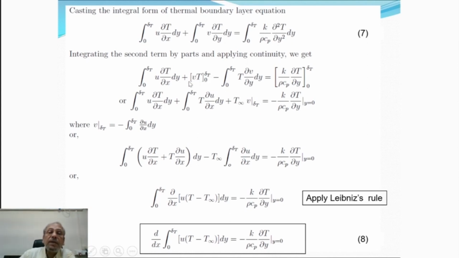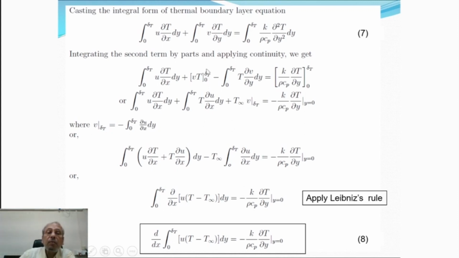And at the lower limit v is 0, so it will not have any value. This is the upper limit. And v at delta t, from the continuity equation we can write as minus integration 0 to delta t del u del x dy. So we will substitute that later.